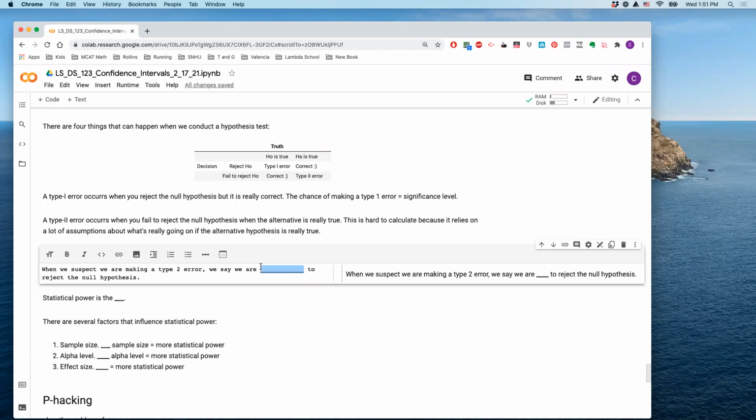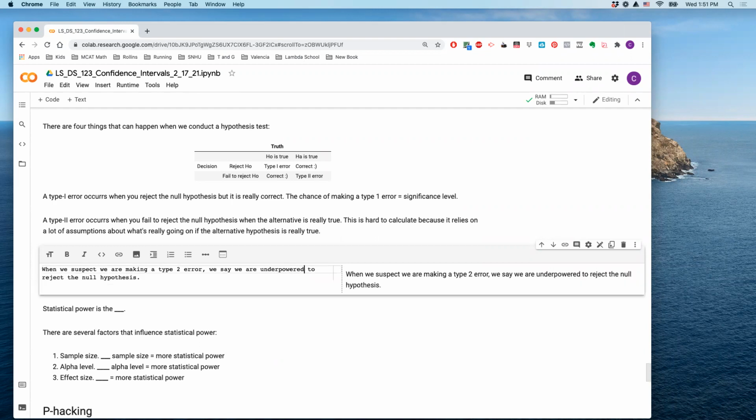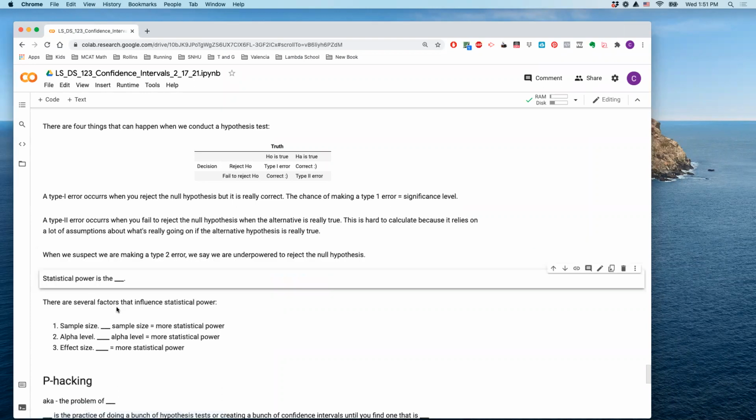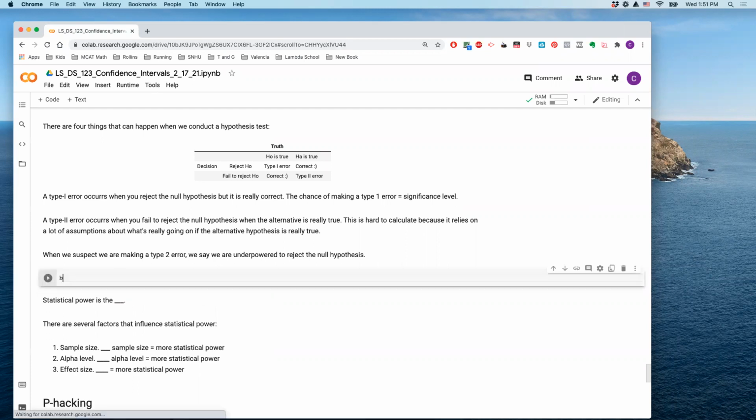So if we suspect we are making a type 2 error, we often say we are underpowered to reject the null hypothesis. Statistical power is the ability to reject the null hypothesis when it is false.